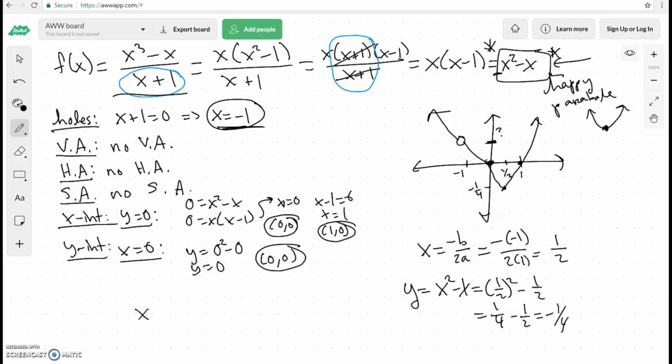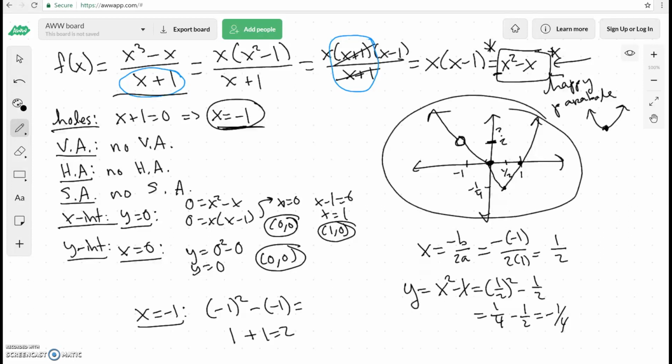So I'm going to have -1 squared minus -1. This is going to give me 1 plus 1, which gives me 2. So at 2, you're going to see that the hole is going to be there. My parabola looks kind of weird, but you get the point. So this entire thing is my answer.